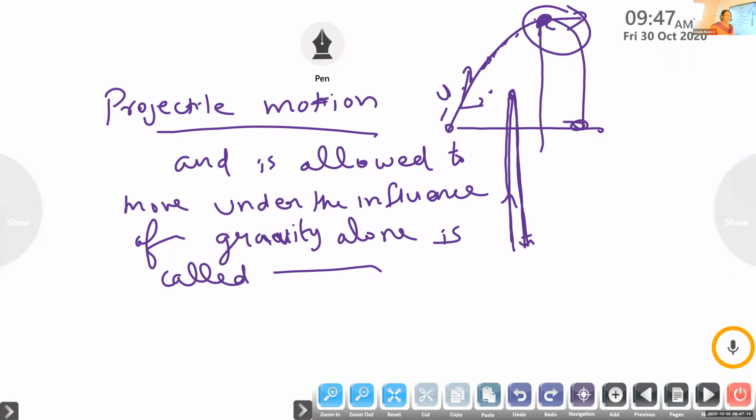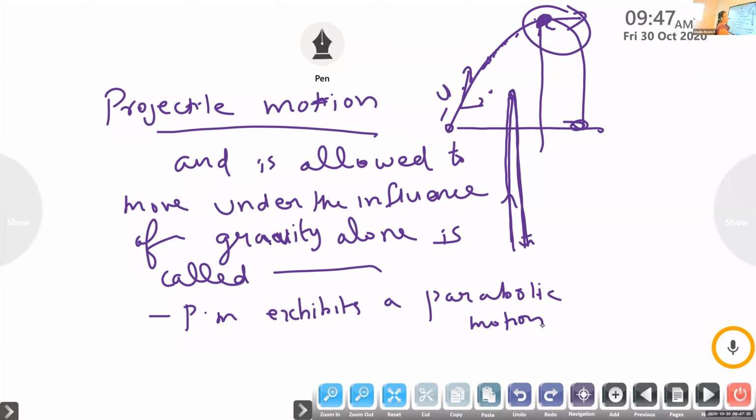Okay. So now we are moving on to the derivation. We can say that projectile motion exhibits a parabolic motion. In 10th standard, you have learned parabola, hyperbola, the law of parabola. So if you look here, this is a parabola.